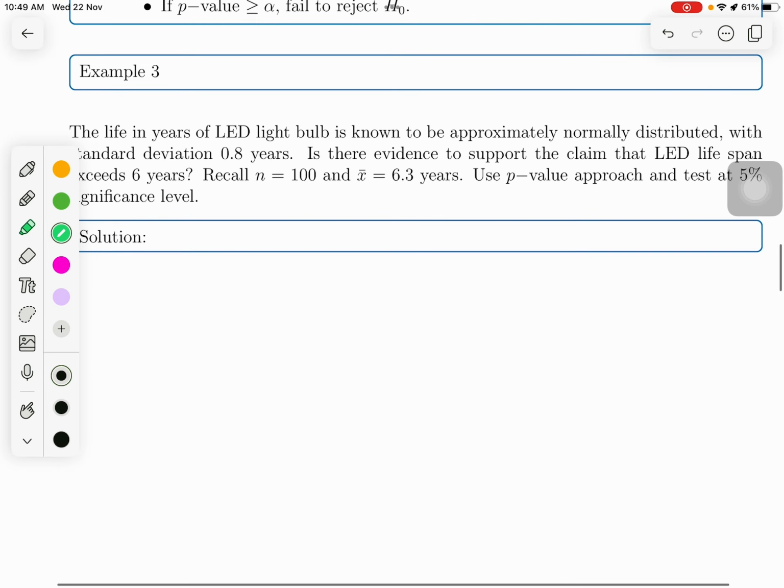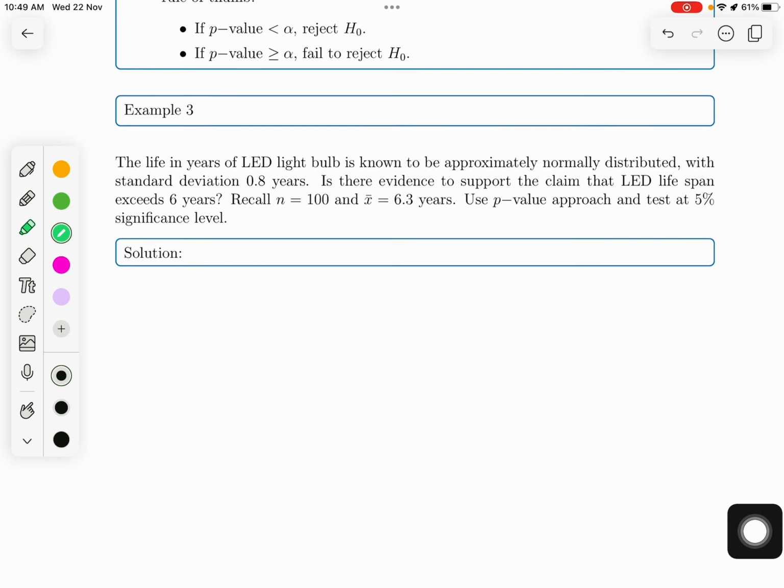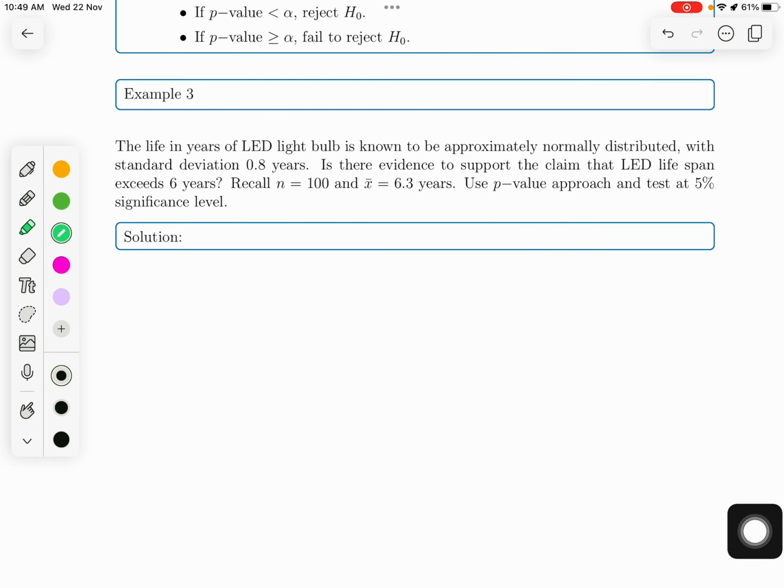Okay. So in example 3, the life in years of an LED light bulb is known to be approximately normally distributed with standard deviation 0.8. Remember, they give you the information about sigma, so we need to apply the Z distribution test, right?